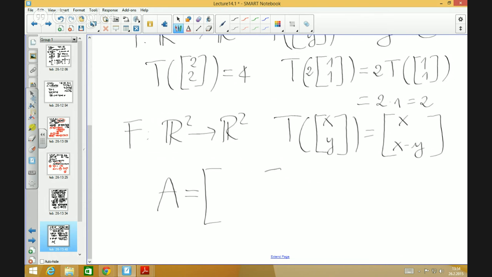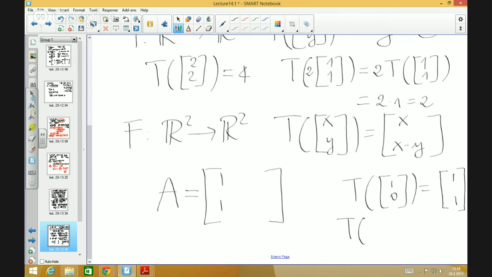Your colleague is saying it would be a 2 by 2 matrix whose first column would be T of (1, 0), which is (1, 1), since 1 and 1 minus 0 give 1, 1.